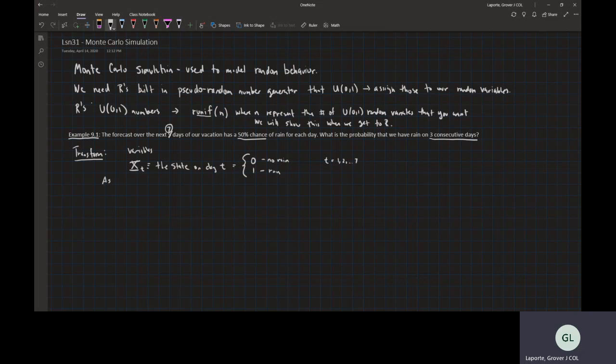So we have to make some assumptions about the setup, and I'm going to let each one of these random variables, X1, X2, all the way to X7, be independent.